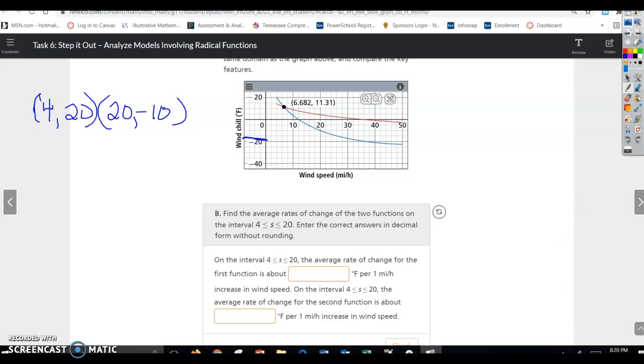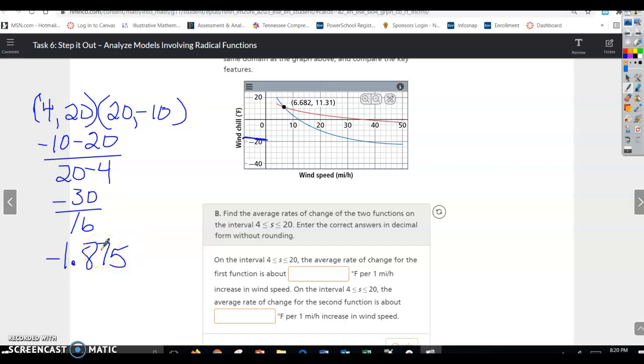So I'm going to find the average rate of change: negative 10 minus 20 over 20 minus 4, and that's negative 30 over 16. If I take my calculator and divide, that gives me negative 1.875.